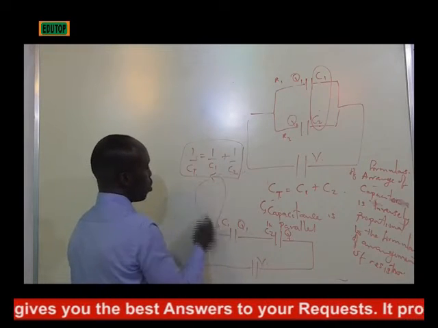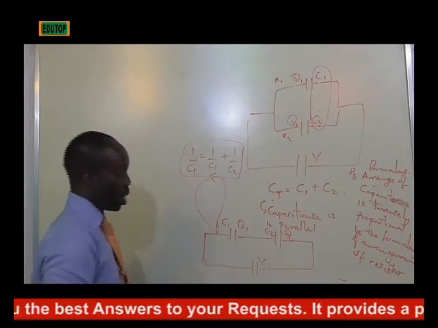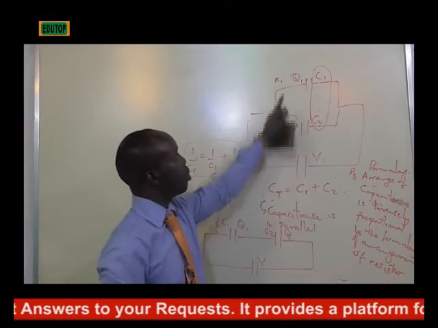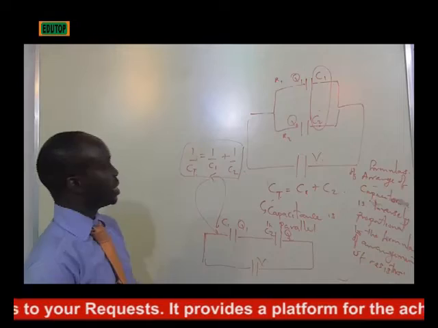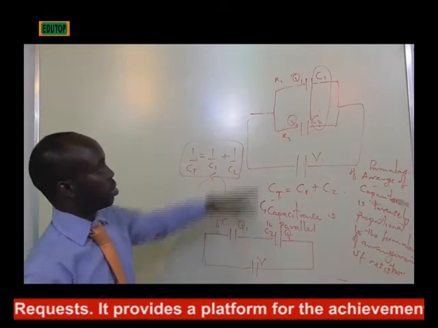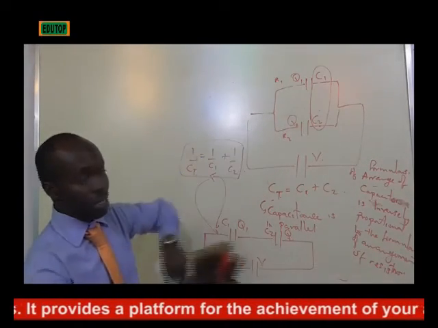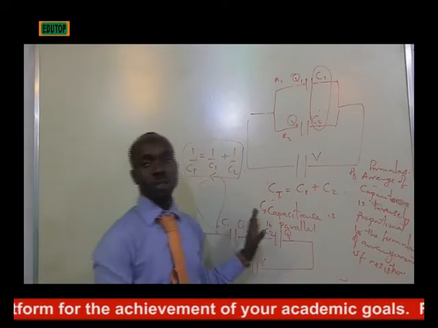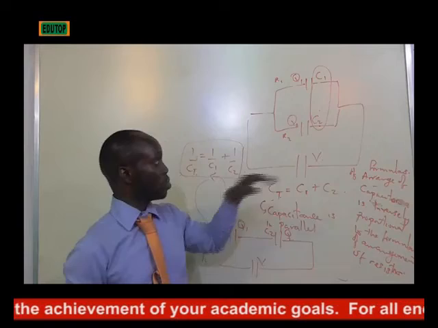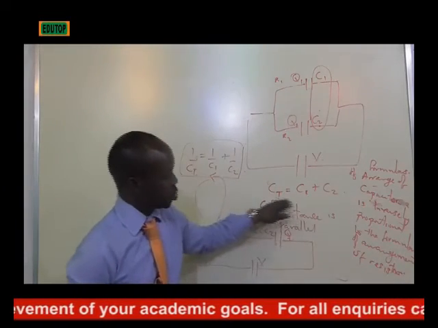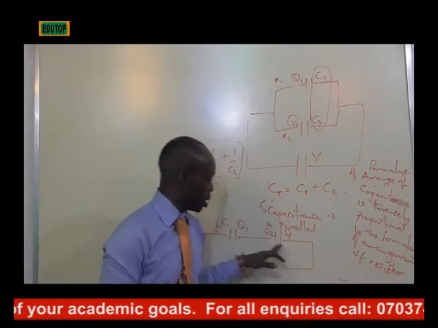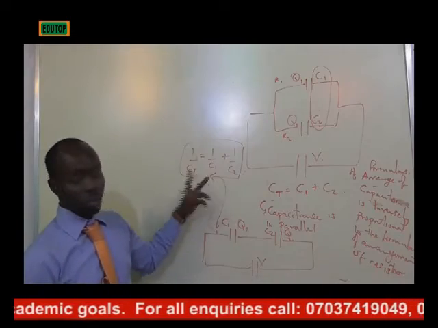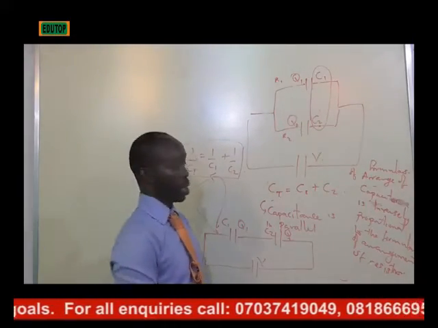This is the formula for series connection. Why we have this formula for parallel connection is that it is just the inverse of the parallel connection of your resistor and series connection of your resistor. So that's just what I mean. So when you have your capacitors arranged in parallel, you use this straightforward formula. Now when you have them arranged in series, you use the inverse formula.